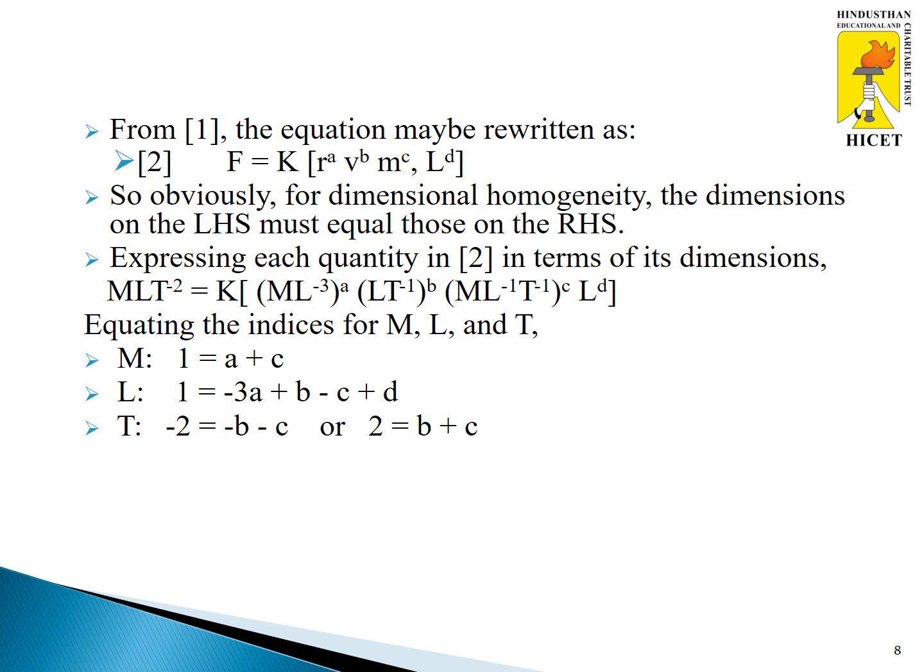For equating the indices for M, L and T: for M, 1 equals A plus C. Next for L, 1 equals minus 3A plus B minus C plus D, and for T, minus 2 equals minus B minus C.